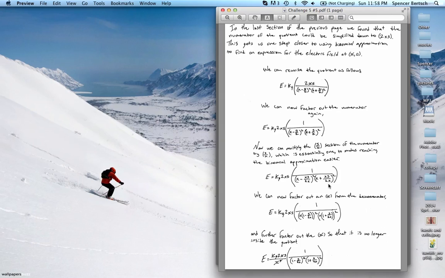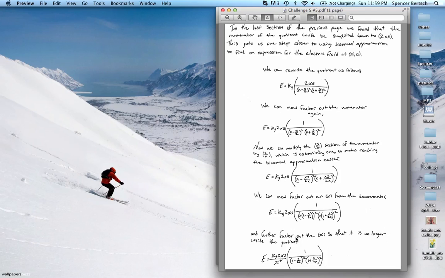So that enables you to, as I'm doing down here, factor out an x, but it also means that you can factor out an x from this entire quotient completely, which I do in the bottom. So yeah, you can rewrite this as E equals KQ2XS over x to the fourth, because remember that this x is squared multiplied by this x is squared, and when exponents are multiplied, they are additive, so this is x to the fourth.